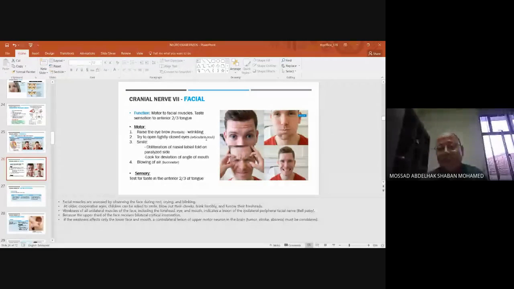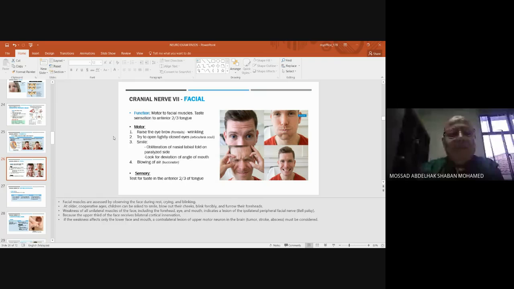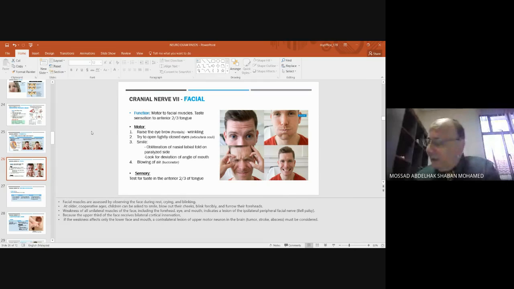So which side is it, right or left? It is very important to comment. The 7th cranial nerve is one of the most common, and you can even see Bell's palsy occur secondary to just a common cold or otitis media.